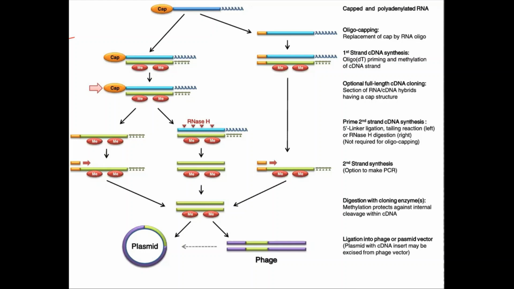So as you know, this is an mRNA, and this mRNA has a poly A tail. We already know what primer we need here. As it has a poly A tail, we can easily get a primer which has a poly T tail. Yes, so we got a primer.